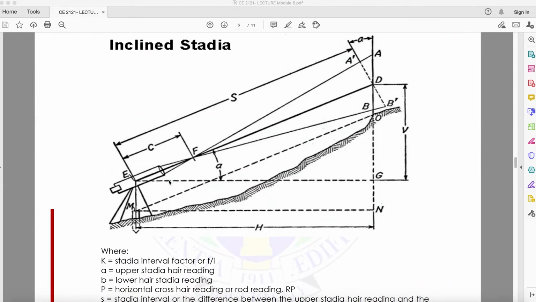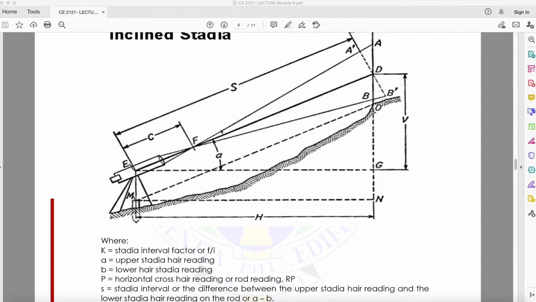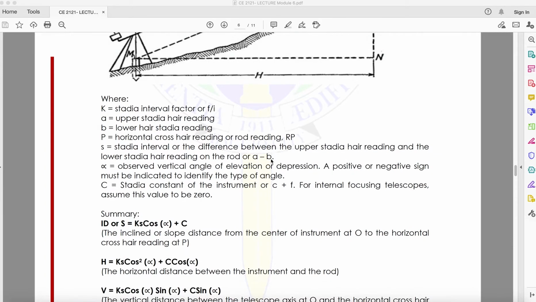Now, to summarize that, for the inclined distance S, which is the hypotenuse of the triangle, it is Ks cosine of the angle of inclination or depression, plus C. If it is upwards, inclination; if it is downwards, depression.